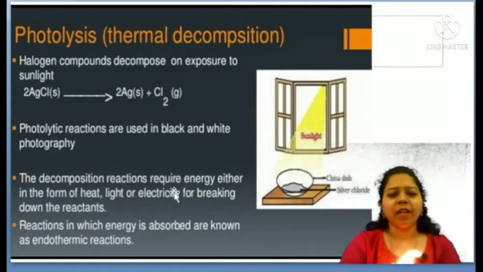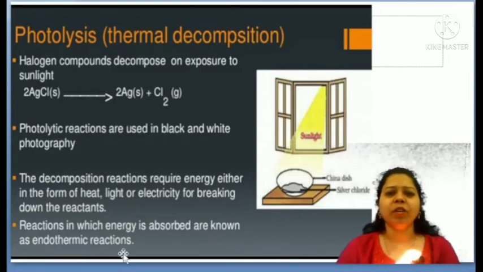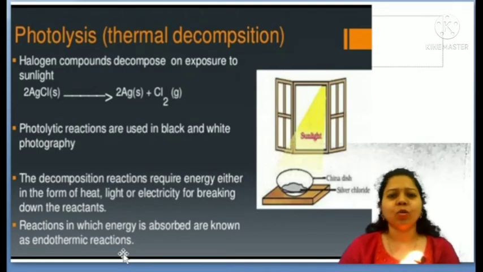The decomposition reaction requires energy in the form of heat, light or electricity for breaking down the reactants. Reactions in which energy is absorbed are known as endothermic reactions. Now for breaking down the reactants, we require energy in the form of heat, light or electricity, and depending on the source we use to decompose the reactant, different types of decomposition reactions are there.